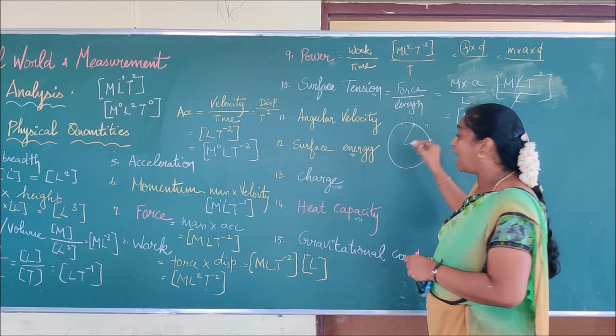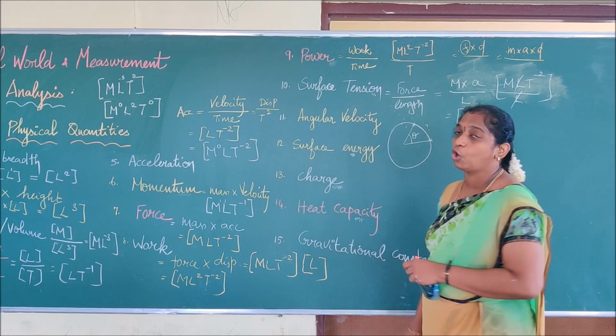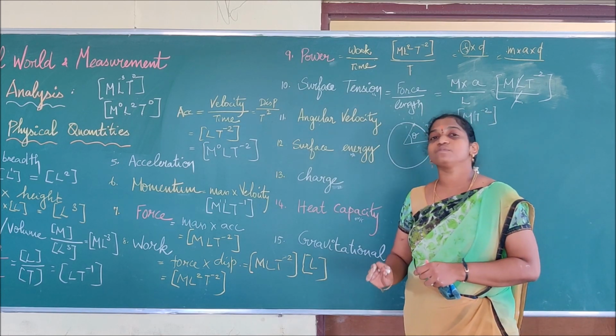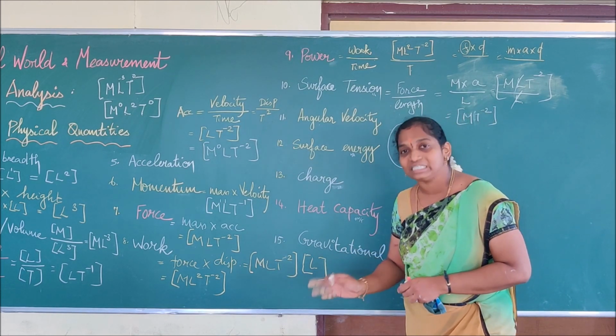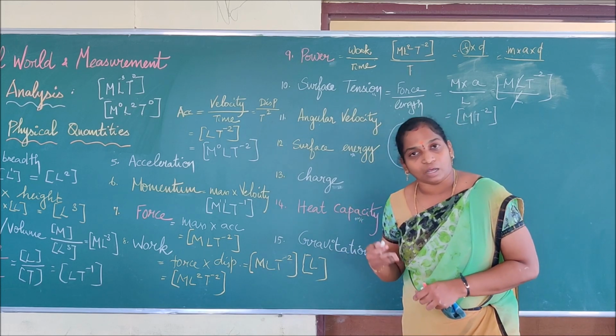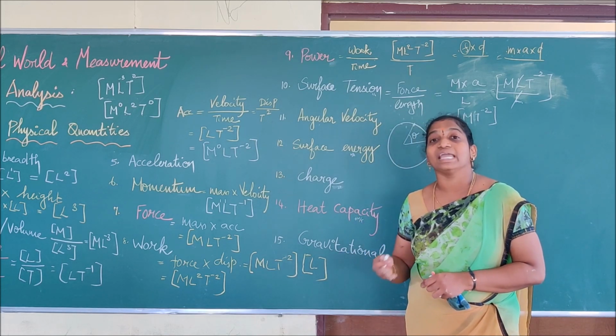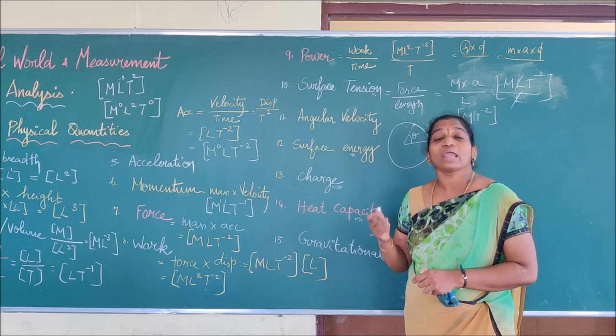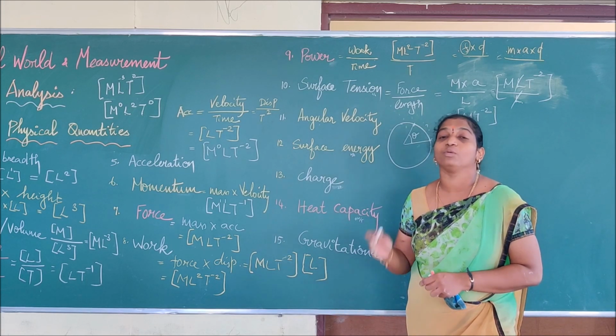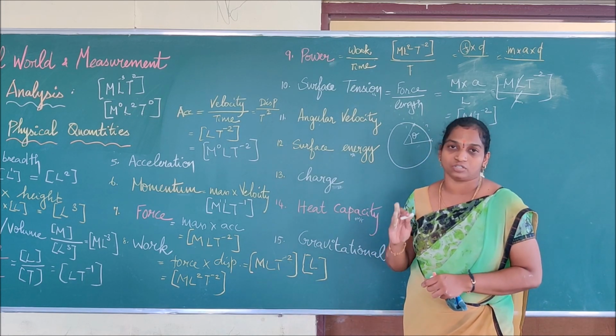This distance is said to be angular displacement, and angular displacement is represented by the symbol theta. Displacement in linear terms we say in meters, but angular displacement we say in terms of radians. Radian is not a fundamental quantity and we will not use radian in the dimensional values.